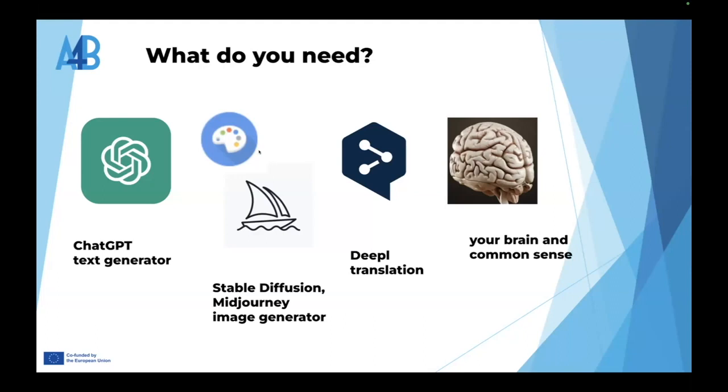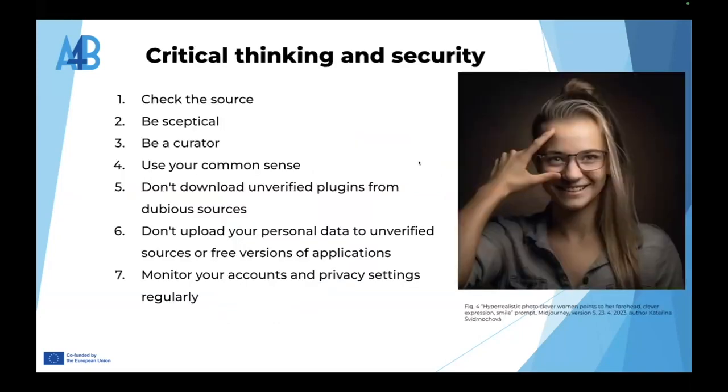Really, you need your brain and your common sense while you use these tools, because somebody wrote into the Mentimeter that with AI, she or he has fear in mind, and it's good. It's good to be a little bit scared and to switch critical thinking on and to think about security.